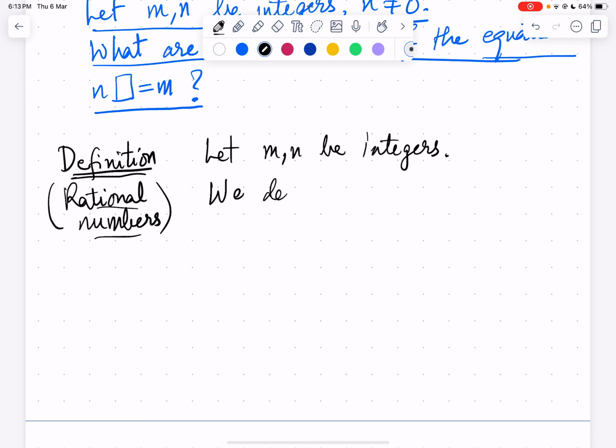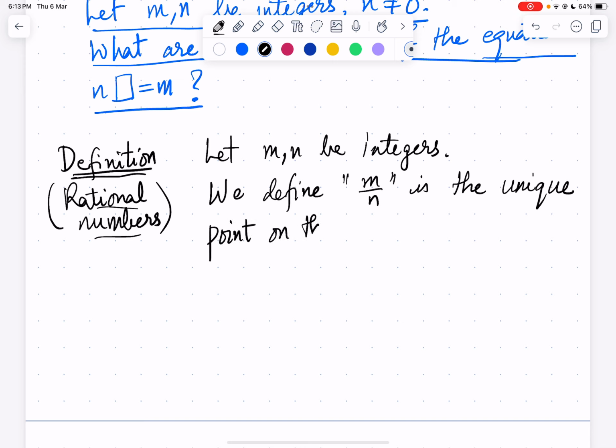We define m by n is the unique point on the line box such that n times box equals m.